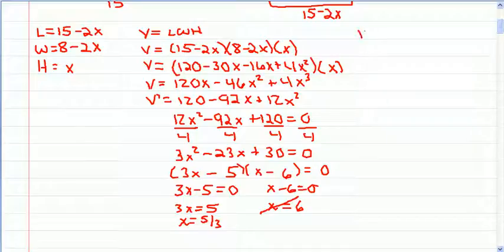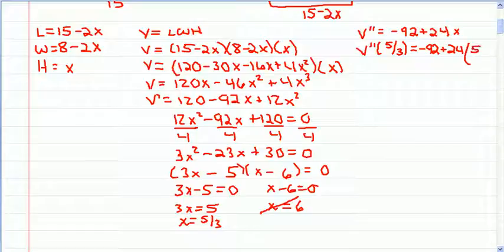So if I find V double prime, negative 92 plus 24x, and if I substitute 5/3 in for x, 3 reduces with the 24 to 8, and I have negative 92 plus 40.